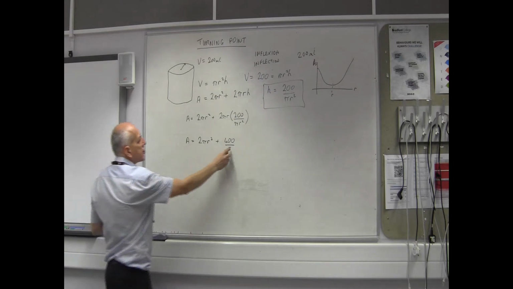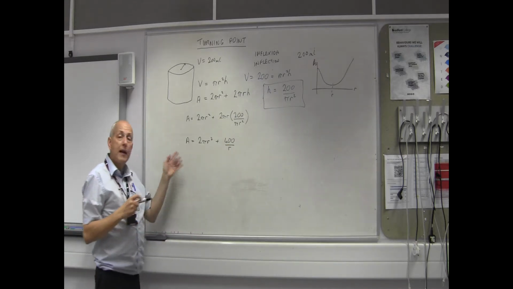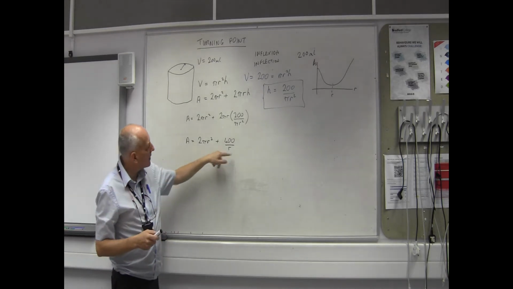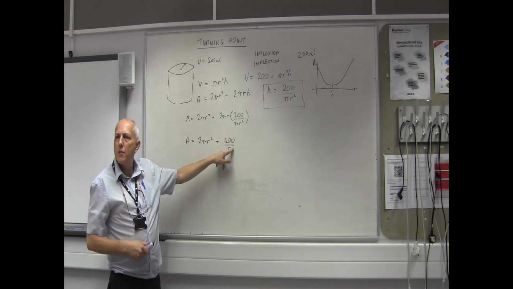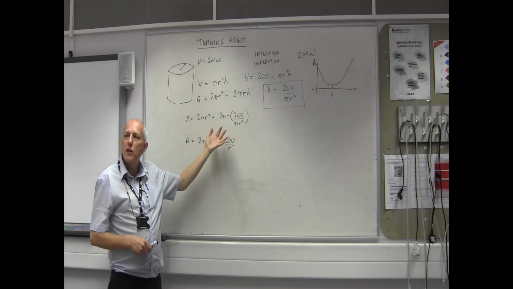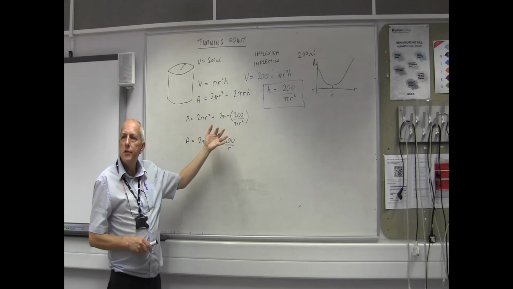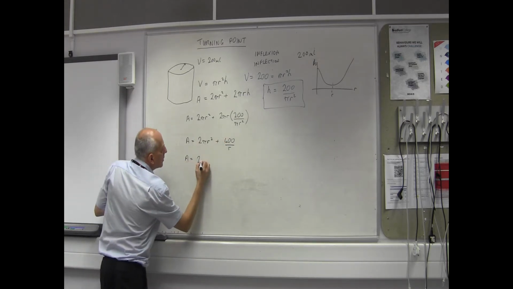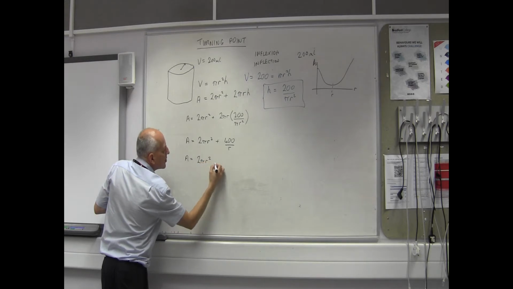Now I'm ready to differentiate it. But I can't differentiate this the way it is, so what do I do to make this? You said that r goes to the top? Yeah, I'm going to bring the r to the top so I can differentiate it. So what would that make that into? Remember your laws of indices?